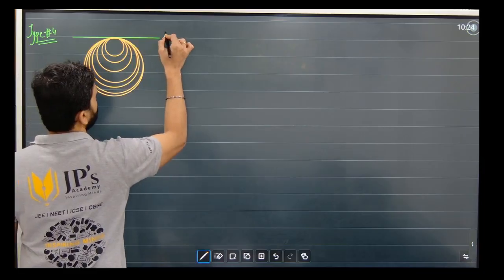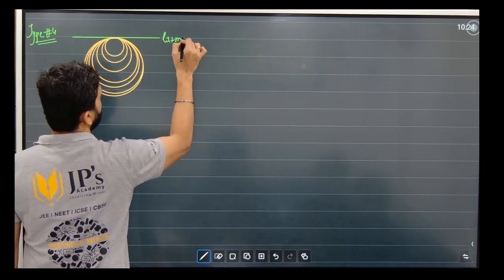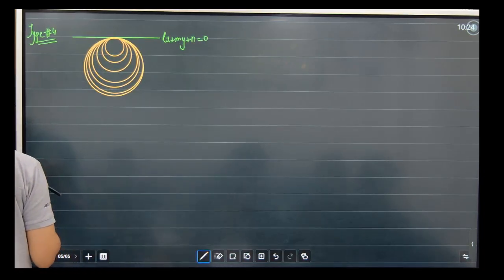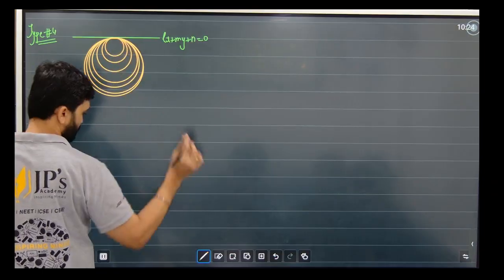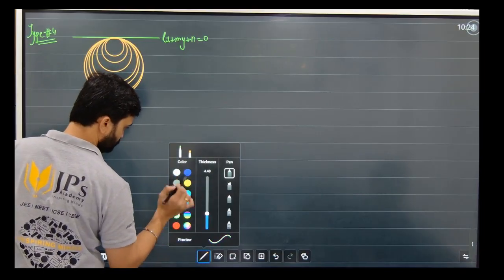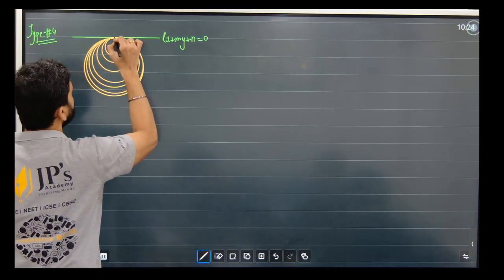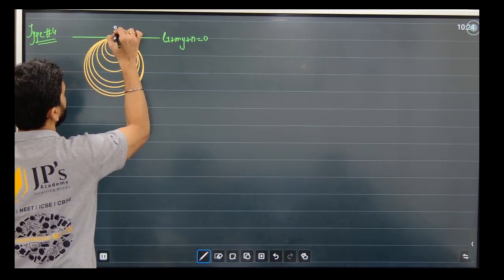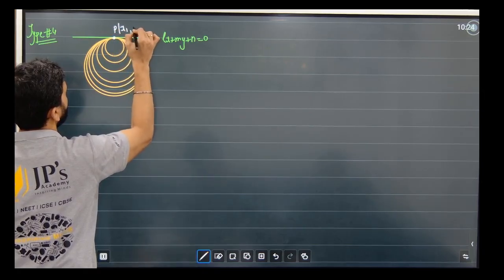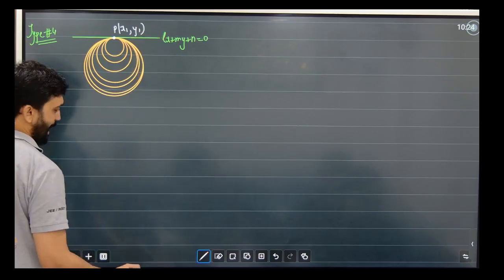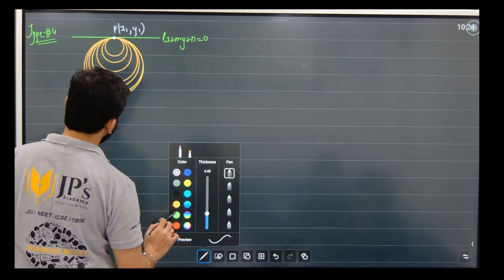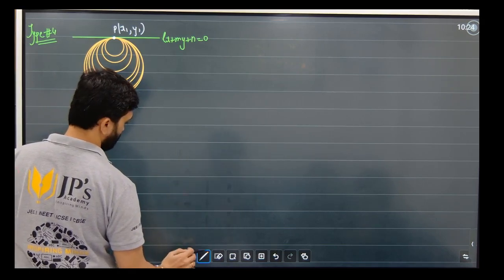Now take this line lx plus my plus n is equal to 0 at a fixed point P (x1, y1).